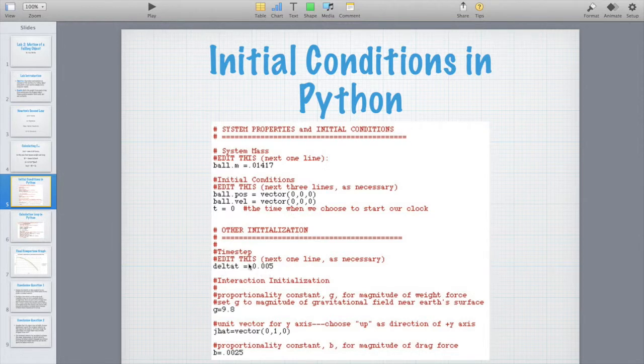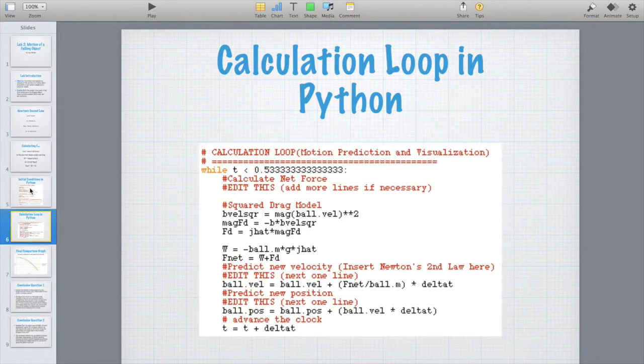We set delta t equal to a fairly small time interval to create the best curve, gravity equal to 9.8 meters per second squared, the standard value, and the j hat vector to be a unit vector of 1 in the y direction. Then we have b, which is the proportionality constant mentioned earlier. This was derived from an attempt to match the model to the graphed data that will be seen shortly.